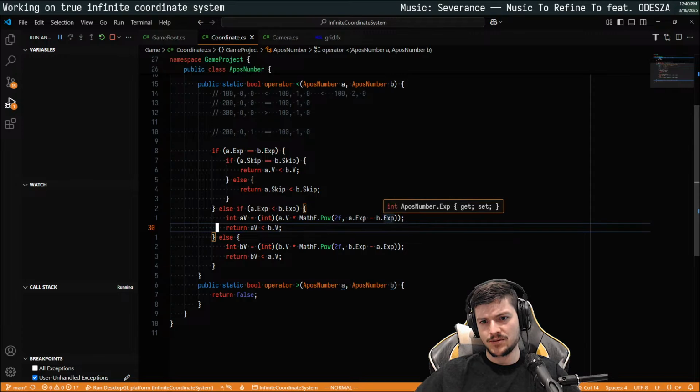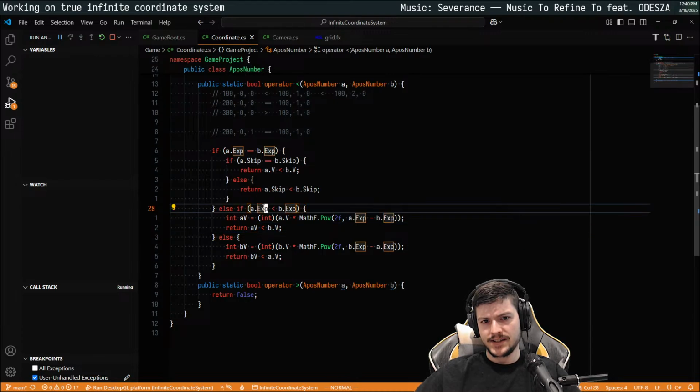Maybe this doesn't even work actually, because if the exponent of A is smaller than the exponent of B, so let's say this is 0 and this is 1.